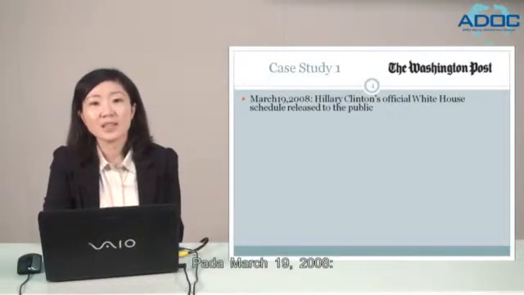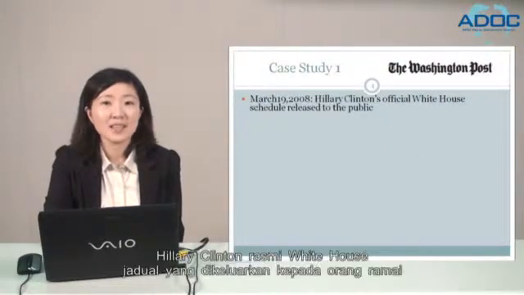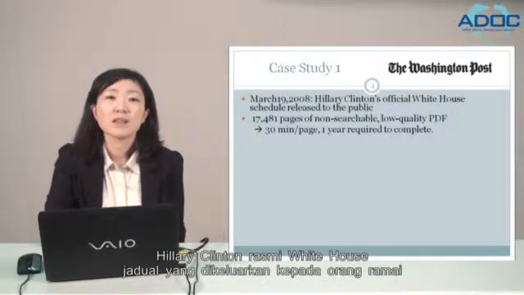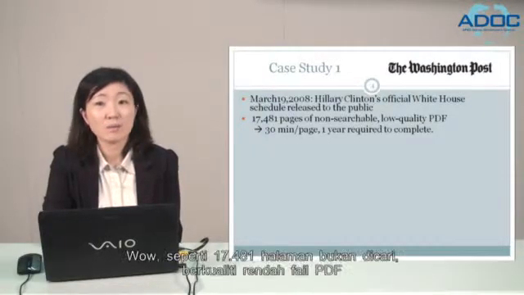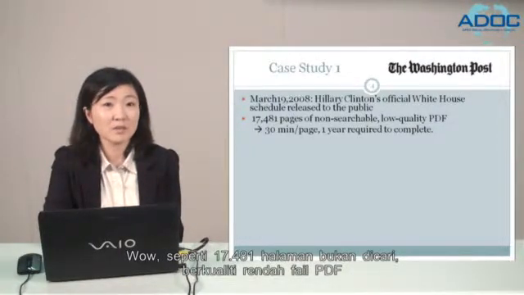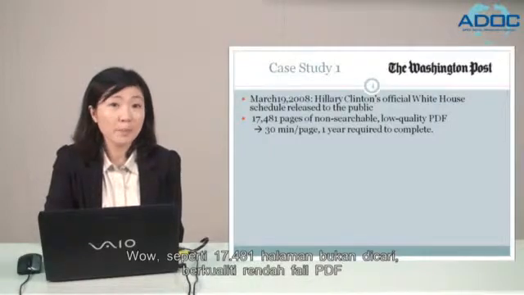On March 19, 2008, Hillary Clinton's official White House schedule was released to the public. Unfortunately, there were 17,481 pages of non-searchable, low-quality PDF files.